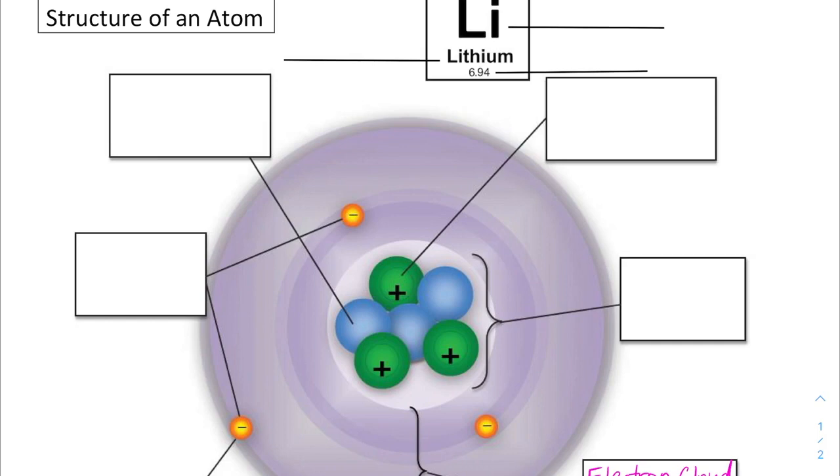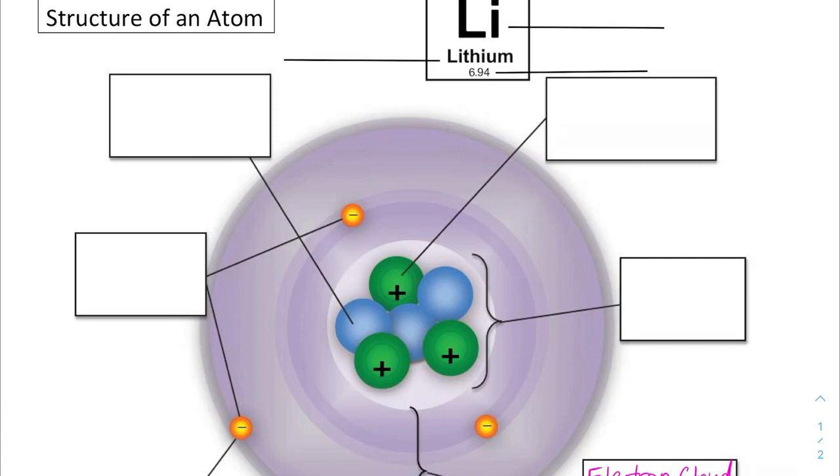Inside of it, it's made of energy levels. So there's actually different levels to the electron cloud. Sometimes they'll call levels shells or orbitals, things like that, but they all mean the same thing. So there's just different areas of the electron cloud.